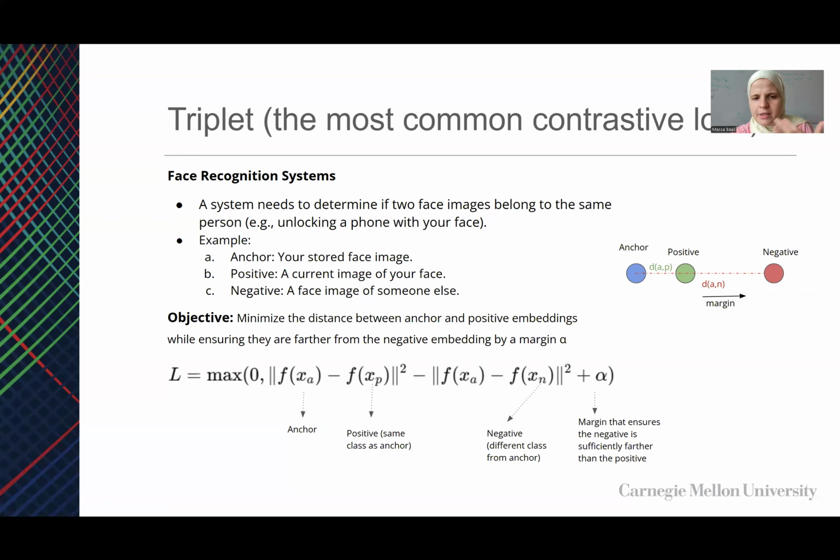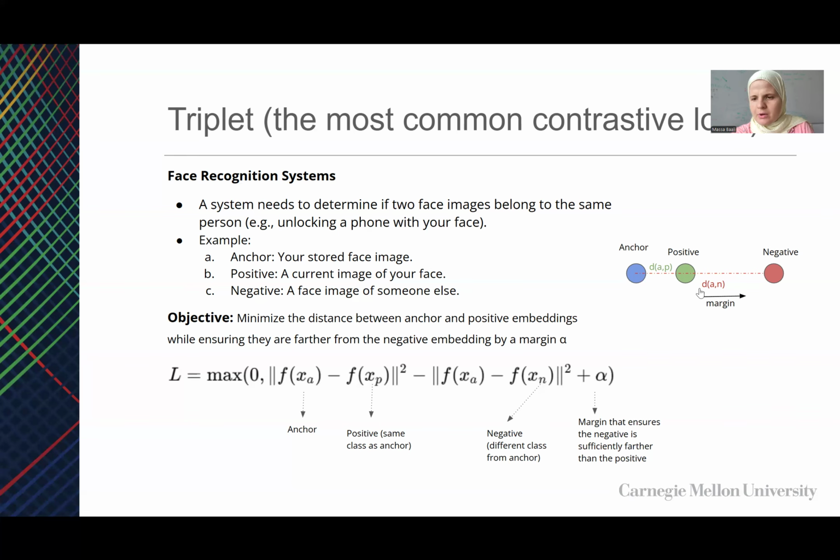So it unlocks a phone with your face. For example, the anchor is your stored face image. The positive is the current image of your face, and the negative is the face image of someone else.